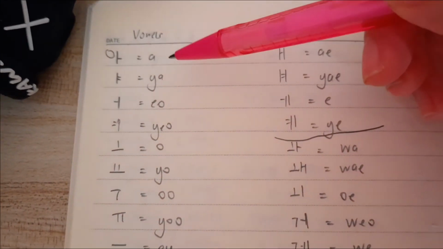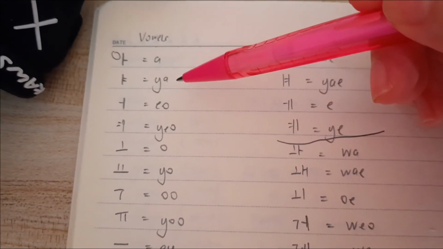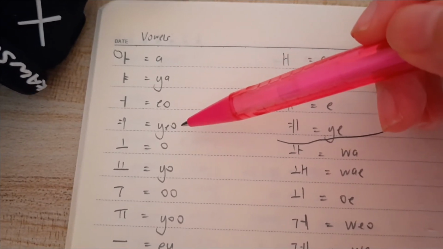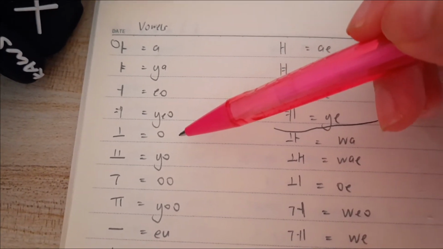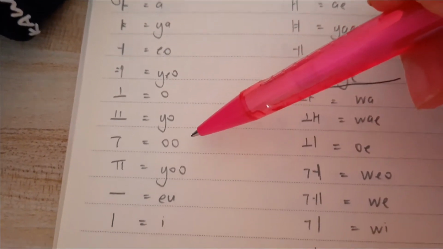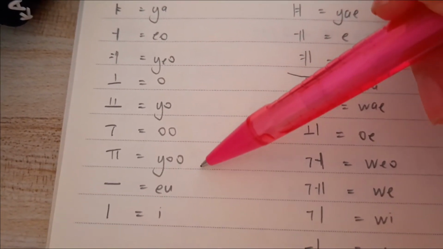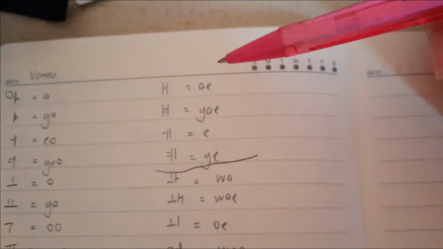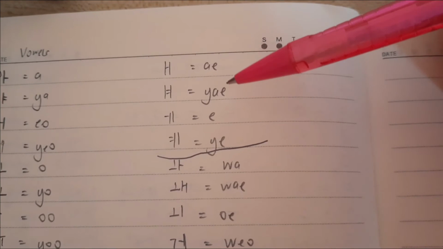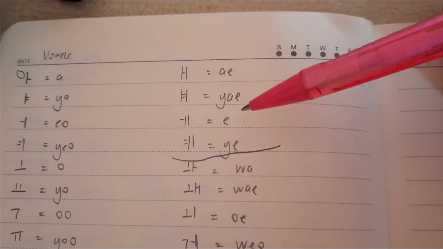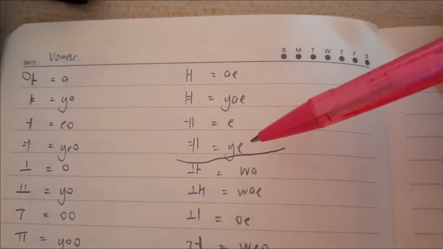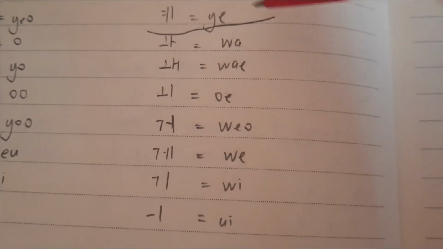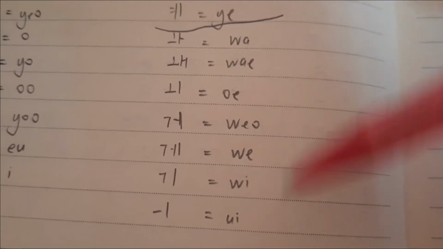So this one is a, ya, o, yo, o, yo, u, you, i, ye, and ye.